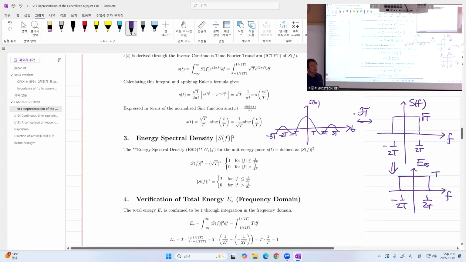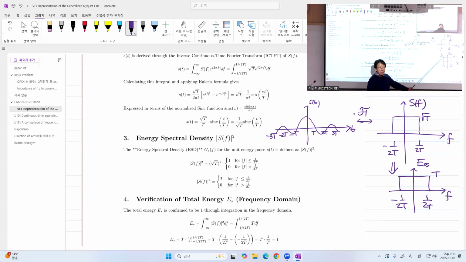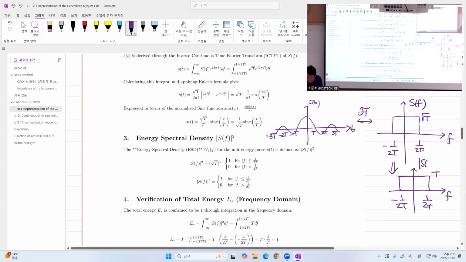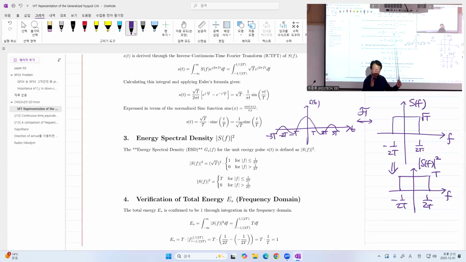Squaring it gives us the height capital T. So if we integrate the energy spectrum, let me be careful, this must be the norm squared. Our integration interval, the Nyquist interval, has length 1 over T. The width is 1 over T and the height is capital T, so we have unit area here.